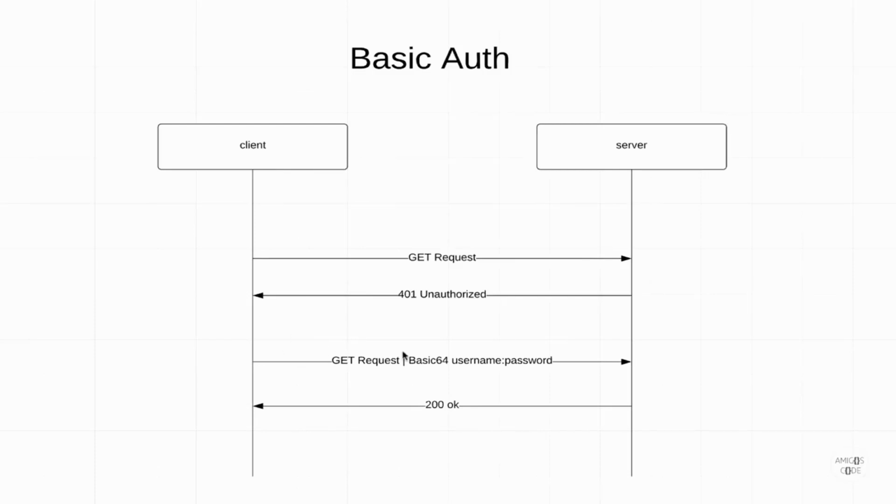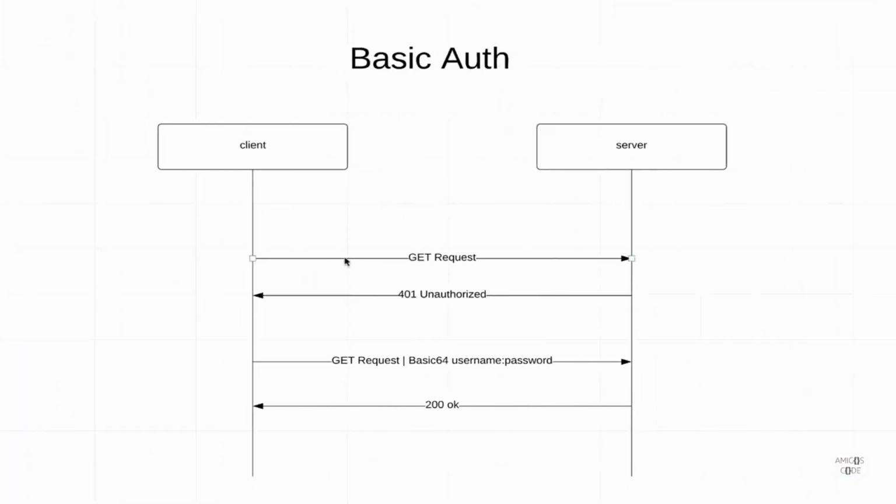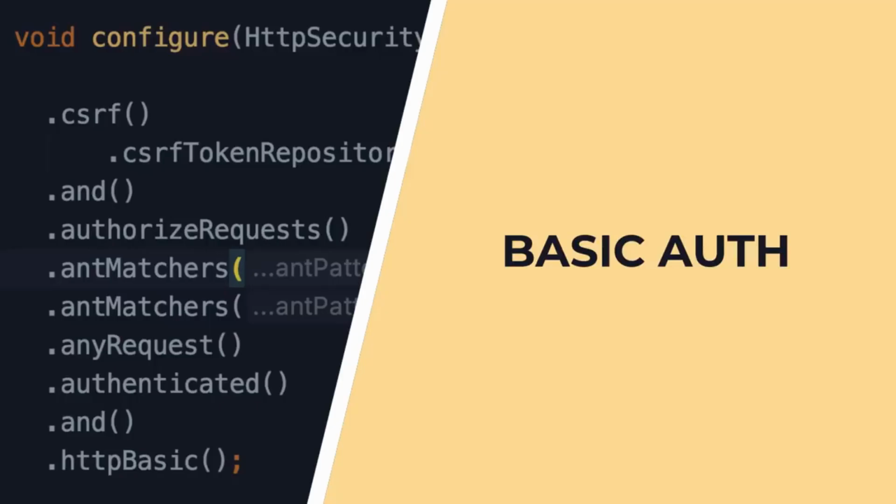And if you have a modern application, you don't want the user, for example, right here in this web app, to send the username and password for every single request, right? So this is usually good when you are accessing external APIs. So let's go ahead and learn exactly how to implement basic auth with Spring Boot.